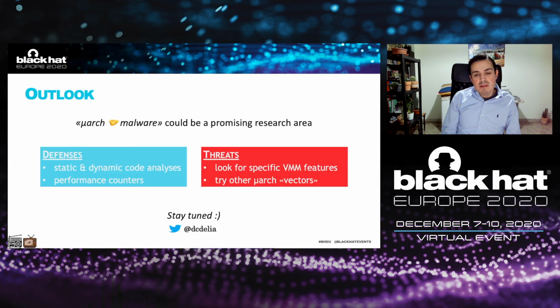You might be using these techniques for looking, this time, for specific virtual machine monitor features. And there are also several other microarchitectural attack vectors that are worth exploring and can be exposing the virtual machine monitor in other ways. So I hope that you enjoyed this talk.